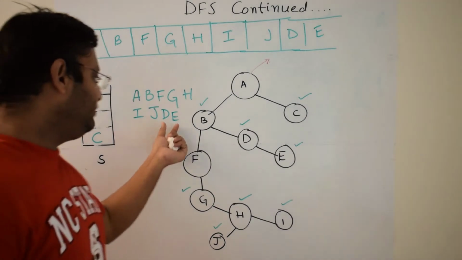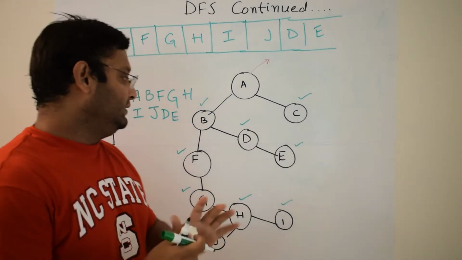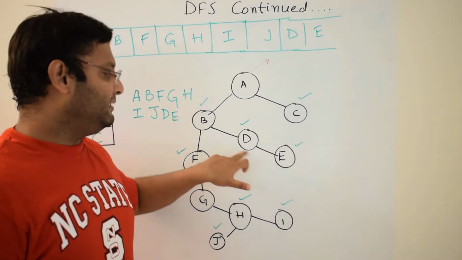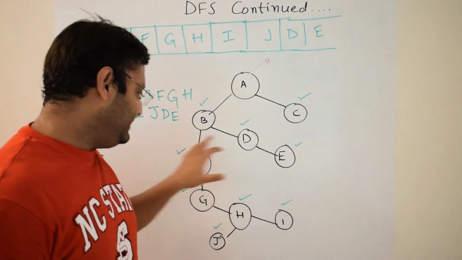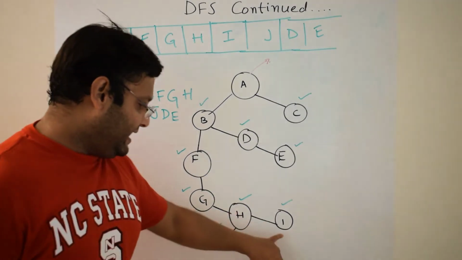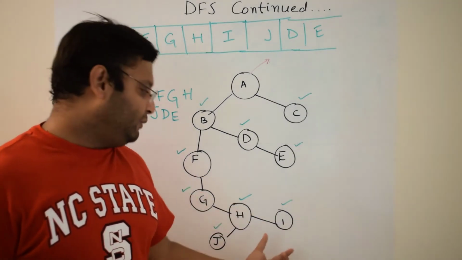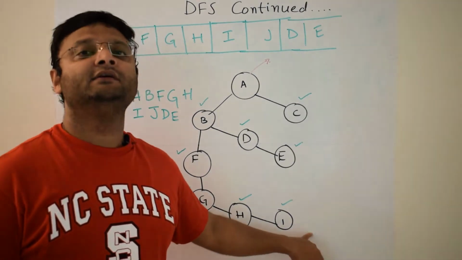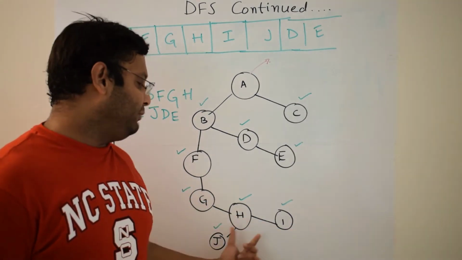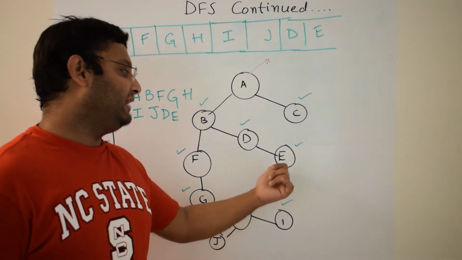Again the same logic for E. Are there any neighbors? Only one neighbor, but it has already been visited. I might have said earlier in this graph that I has no neighbor. Actually what I meant at that time was I has no neighbor which has not been visited. I had one neighbor in this case, H, but it has been visited.